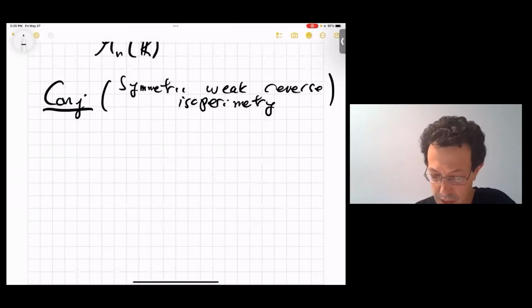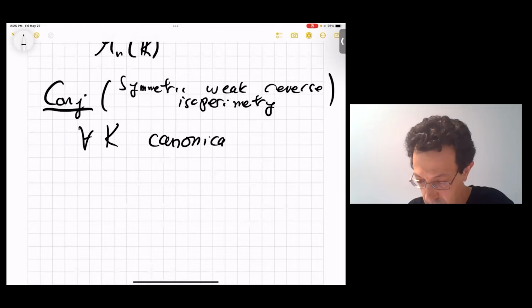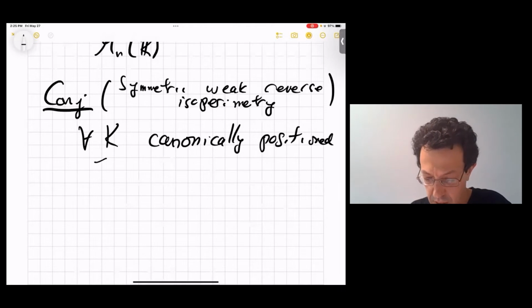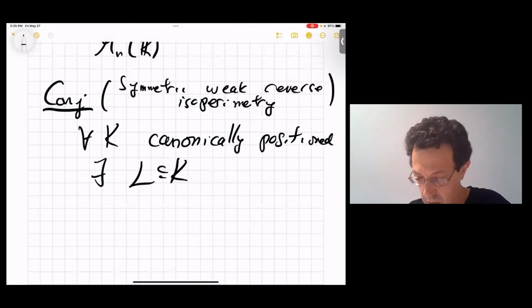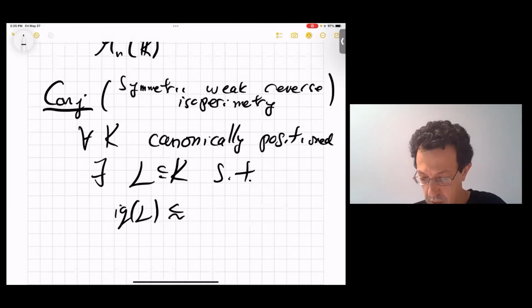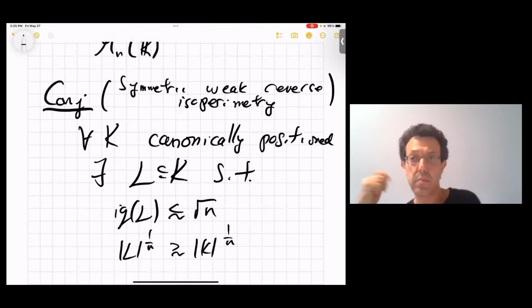It says that for every K which is canonically positioned, there exists an L inside K, such that IQ of L is less than root n, and the volume of L is at least the volume of K, to the nth root.